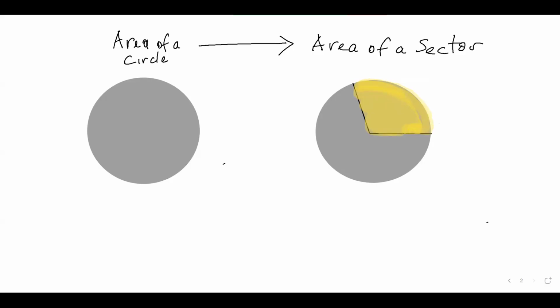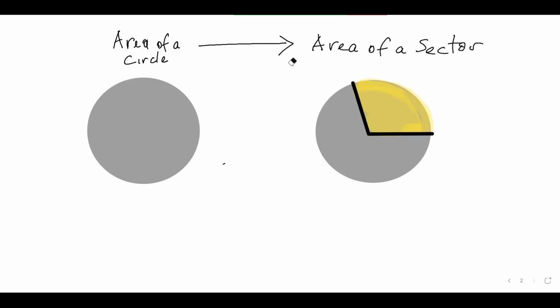That yellow part, I didn't draw that well, but you all have seen it fairly okay. It's called my sector. Let me just use heavier lines. So that's my sector. That's my pie or my slice.